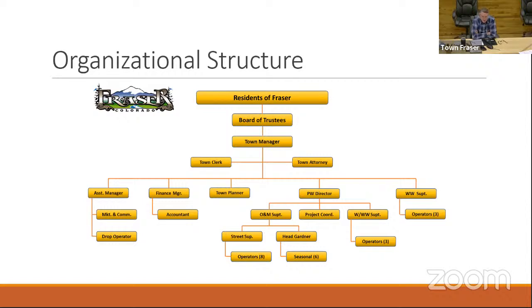The Board of Trustees, however, have oversight and direction over the town manager. They hire the town manager and they give the town manager direction and hold the town manager accountable. And the town manager oversees all the operations of the town. And as you can see through the organizational structure, each department director has a scope of responsibility that they're also responsible for.